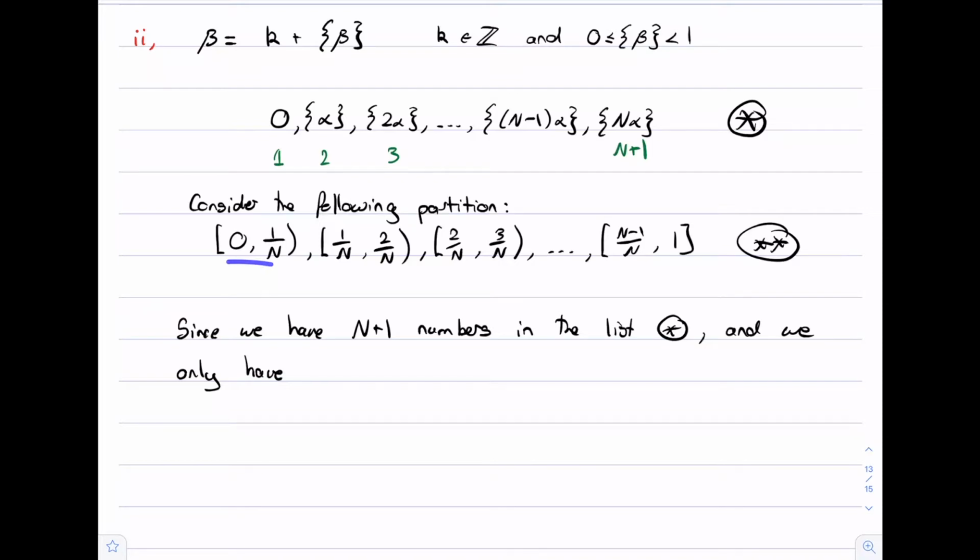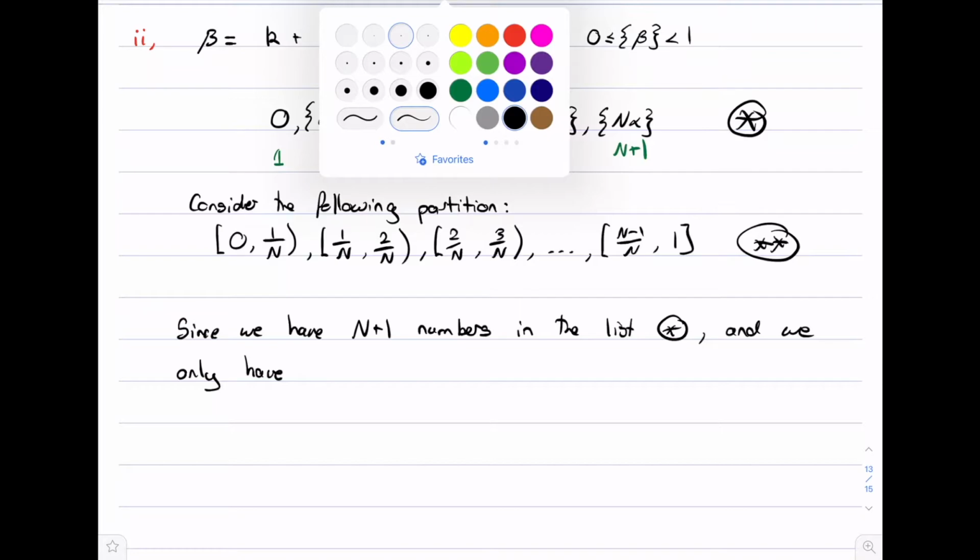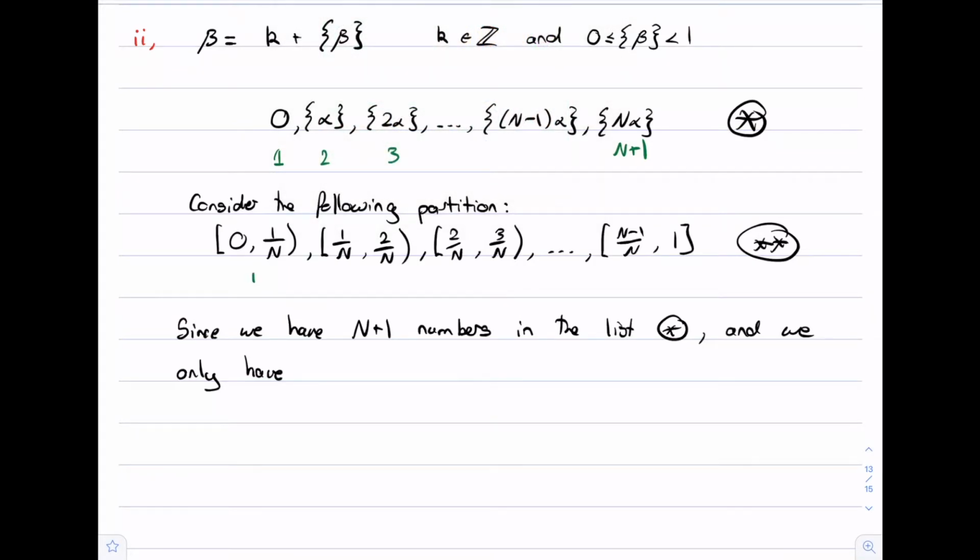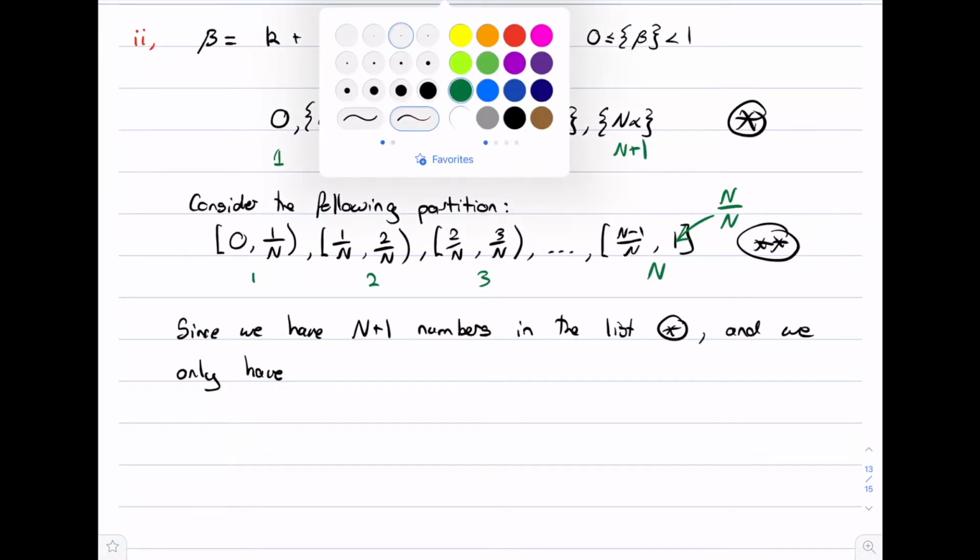Well, here's one set, here's the second, here's the third. Let's again label them. This is our first little set, this is our second set or interval, this is our third interval. Now you can see that the number is matching up with what's on the end here. And we can rewrite this number 1 as n over n. So this would be the nth interval here. So we've got n intervals here in double star.